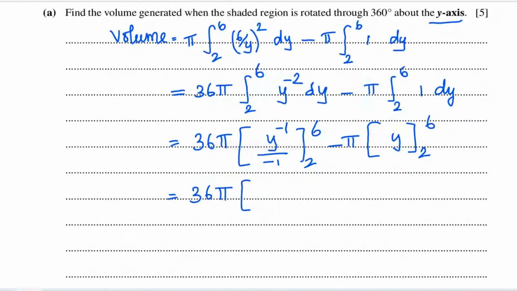This is nothing but negative 1 over y. Negative 1 over 6. Negative multiplied by negative will become positive, 1 over 2. Minus pi multiplied by 6 minus 2.